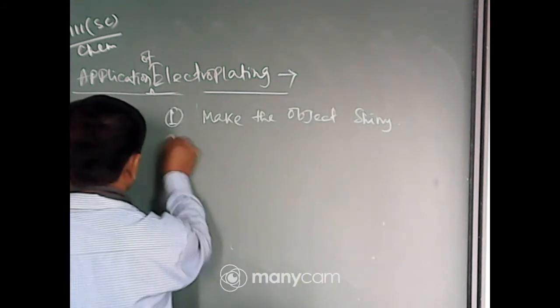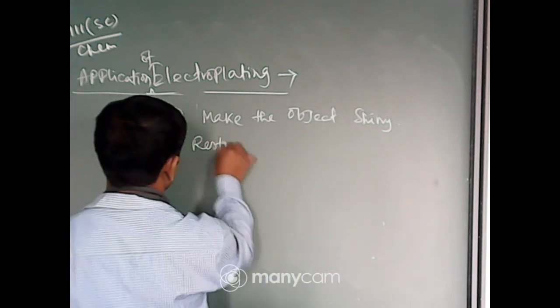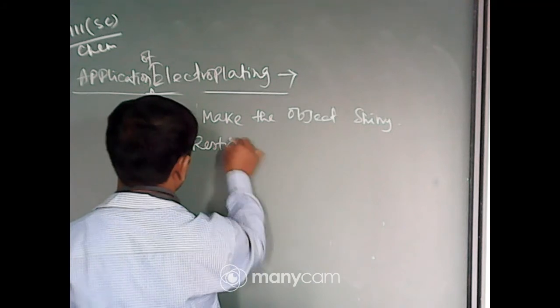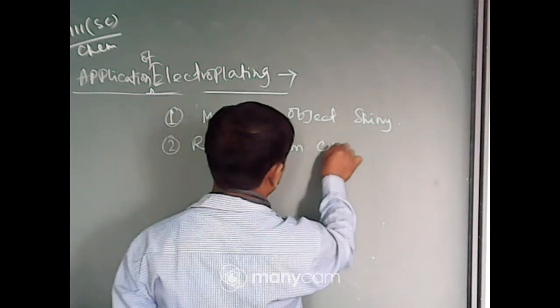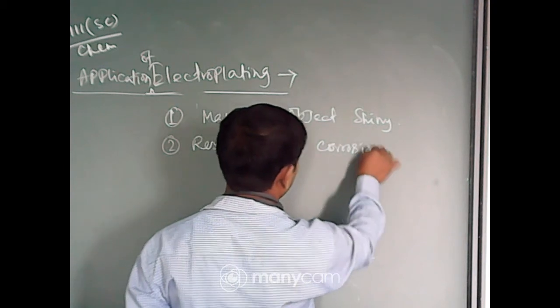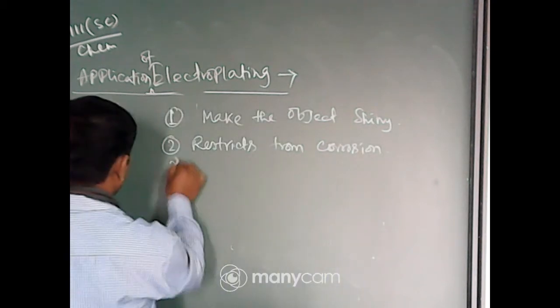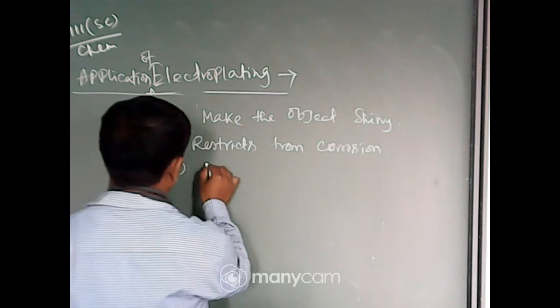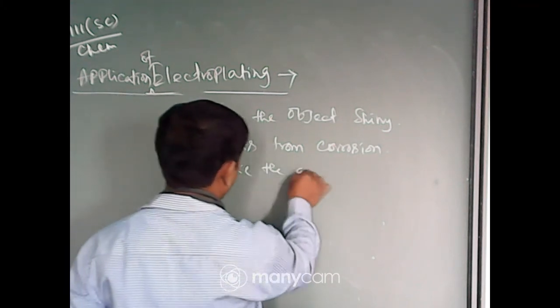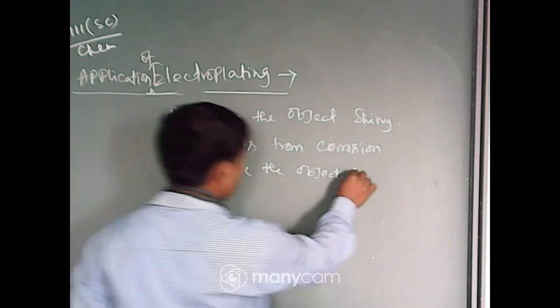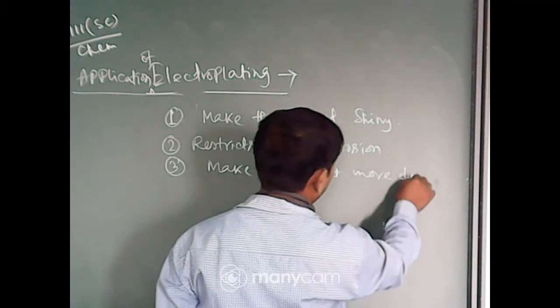Number two, restricts from corrosion. Number three, make the object more durable.